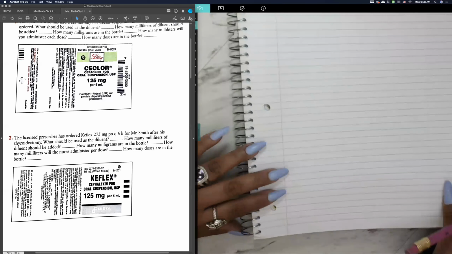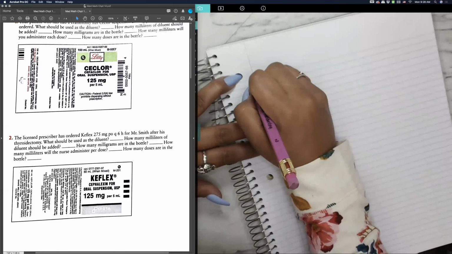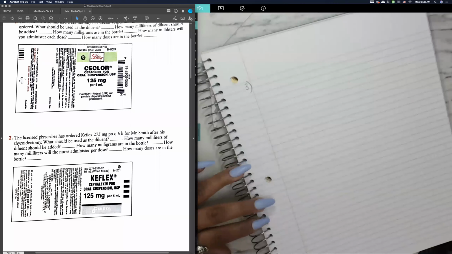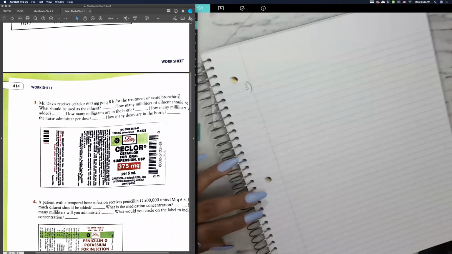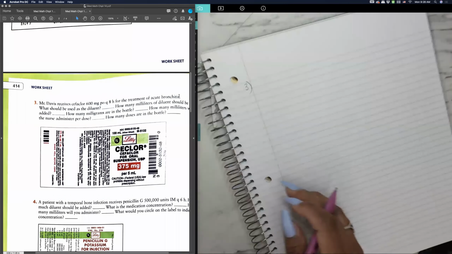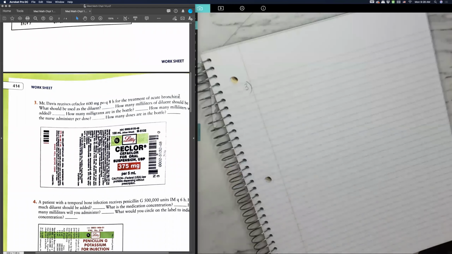So let's do number 3. Okay, number 3. I gotta flip my book around just to read it as well.